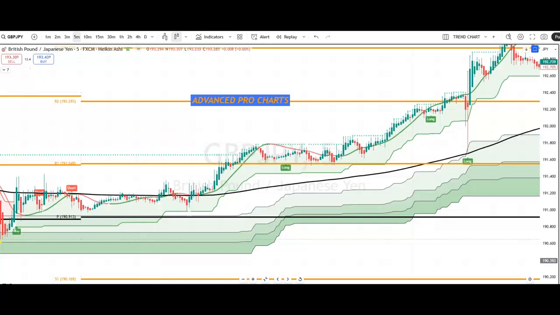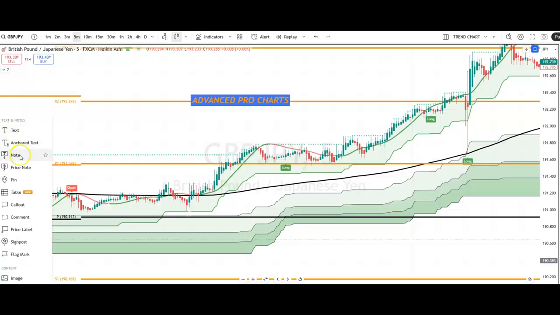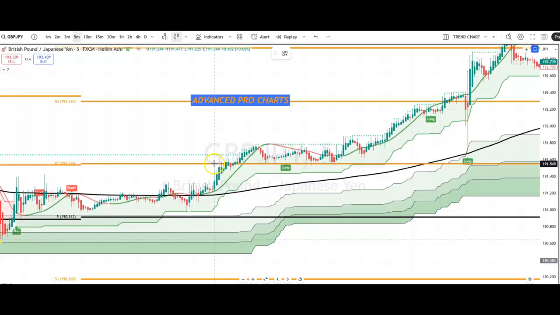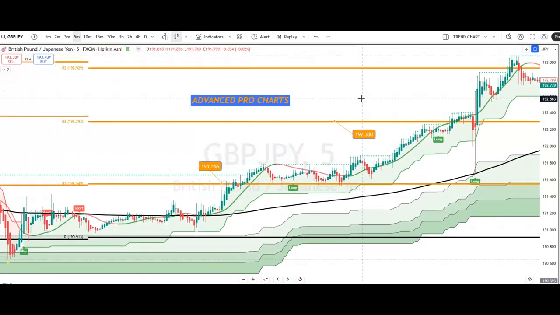So when I send a signal in the new Telegram channel, as an example, I might put a target here, 191.50. If I get in that down the bottom there, I might put a target here, 192.30, and target 3, which is usually the last one.